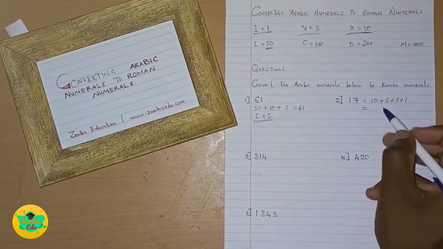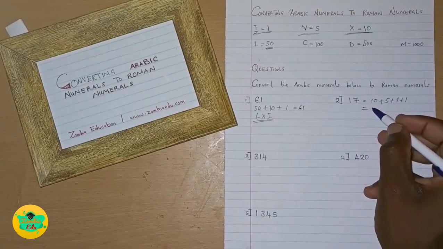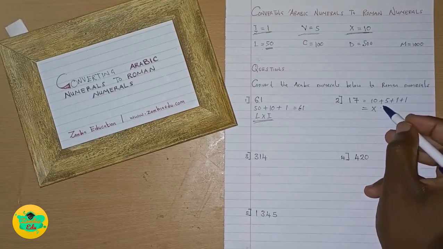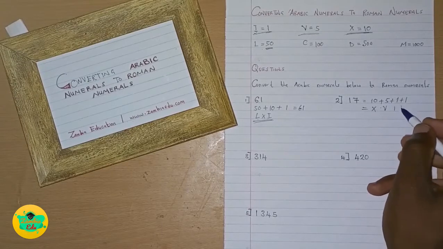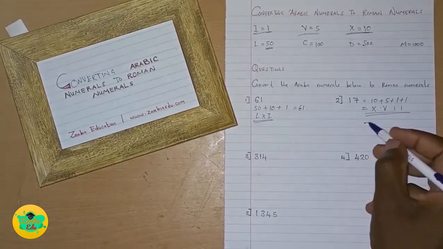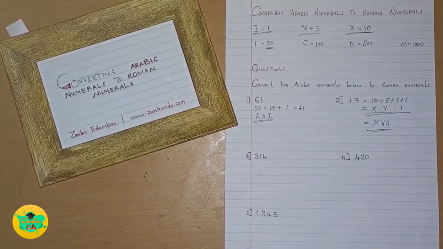So we are looking at X, V, II. That should give us our answer. So it's just XVII, that is 17.